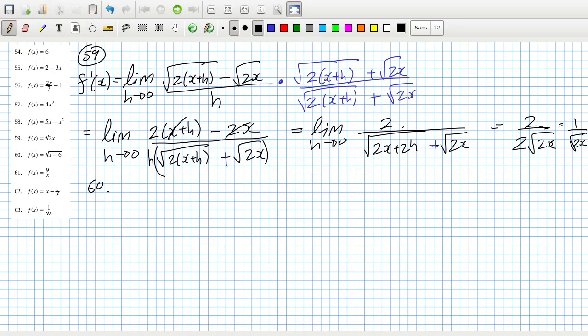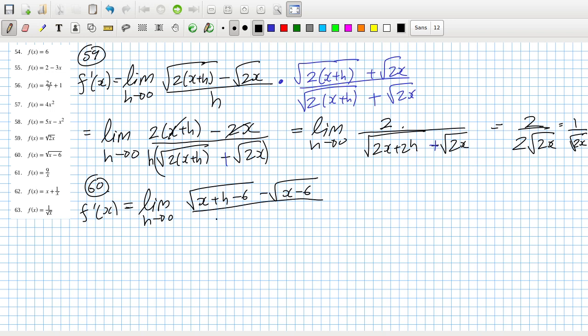60 now. Very similar. Limit as h tends to 0 of root x plus h minus 6 minus root x minus 6 all over h, but I'll multiply above and below by the conjugate. Root x plus h minus 6 minus root x minus 6 times root x plus h minus 6.